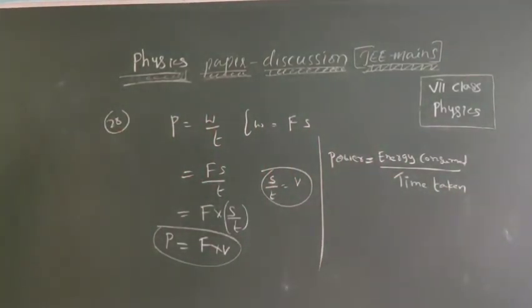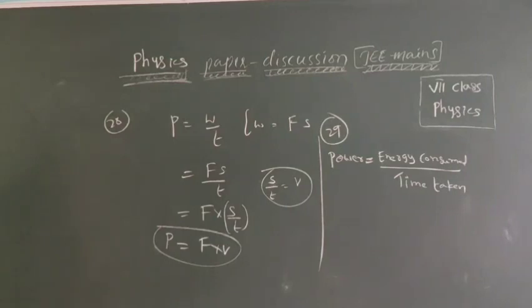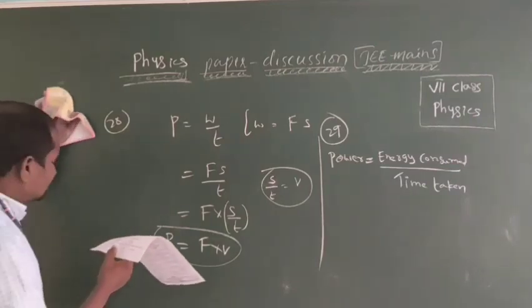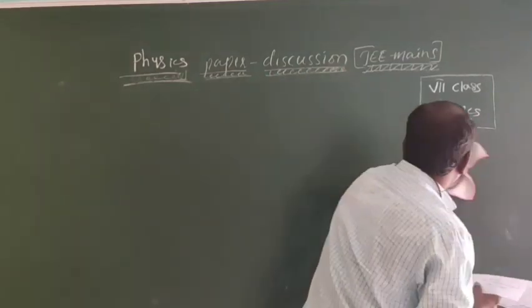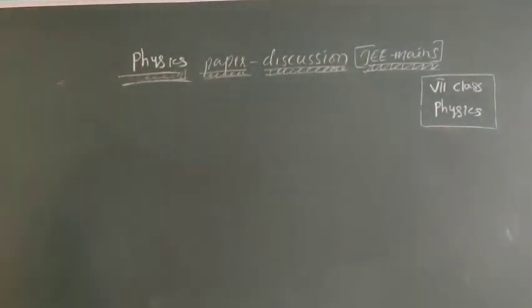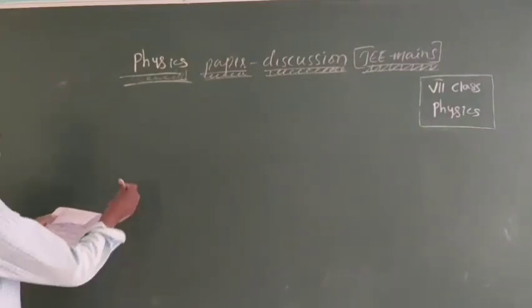Okay. Next, it is from the ninth one. Last one, 30. A motorboat is having a steady speed that is equal to 20 meters per second, and it is moving with a force equal to 600 newtons. Then the power is, we know that the power equal to the product of force and velocity or speed.